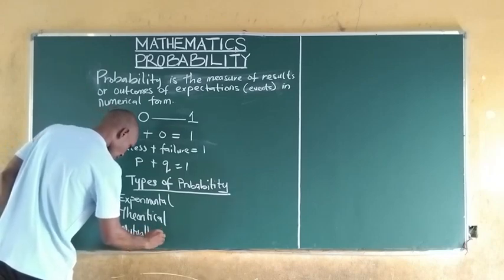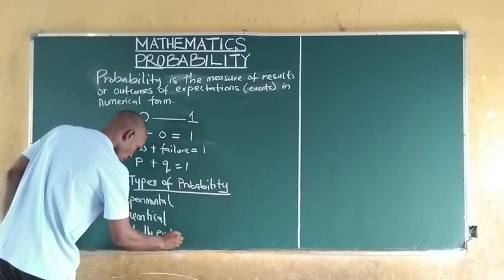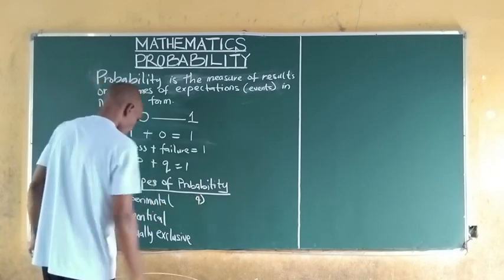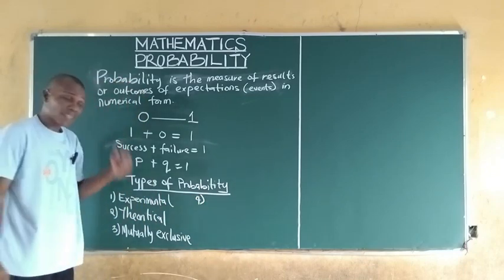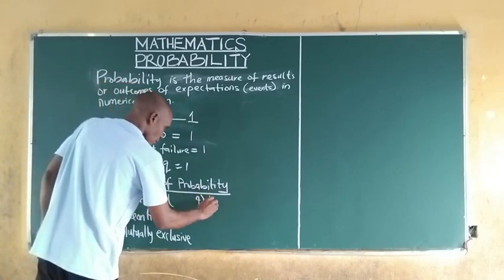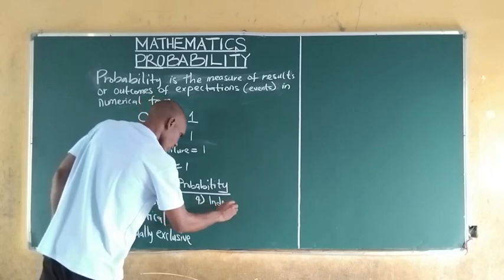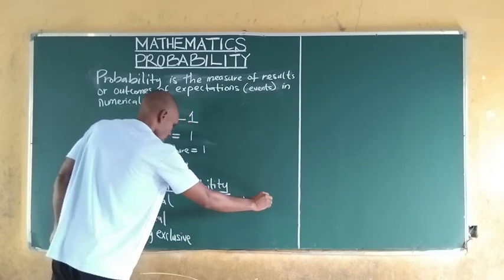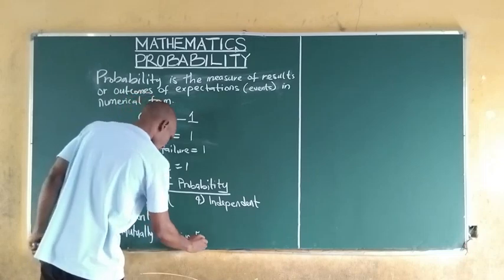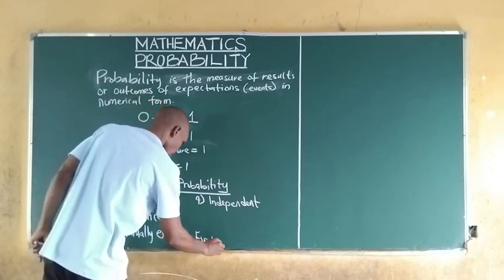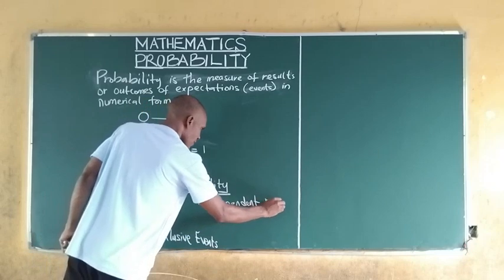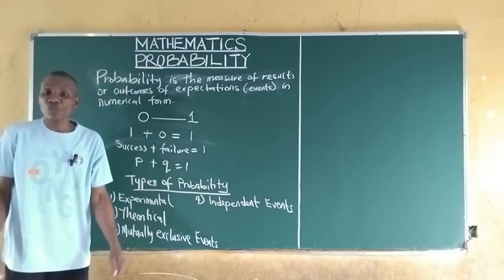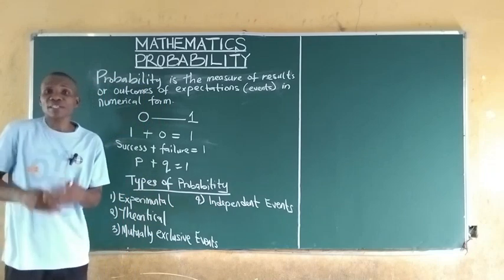And four, we have the independent events. So these are the 4 types of probability we have.